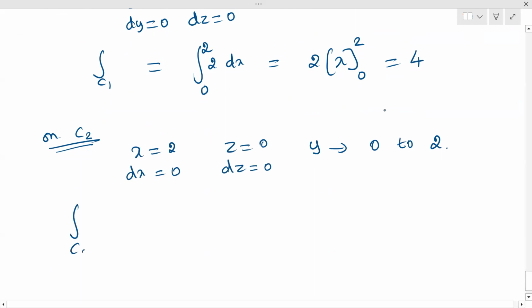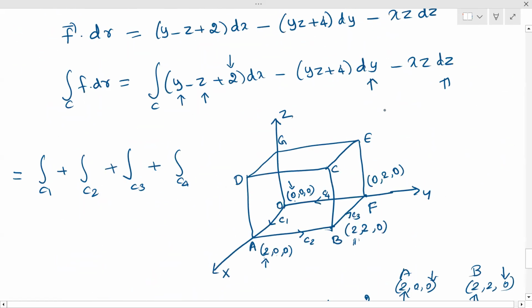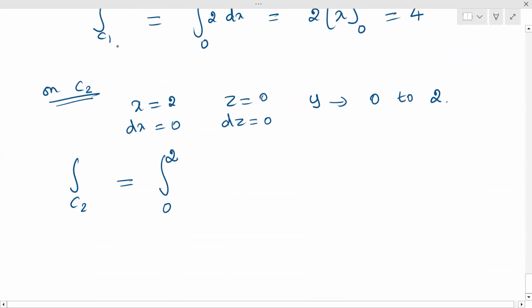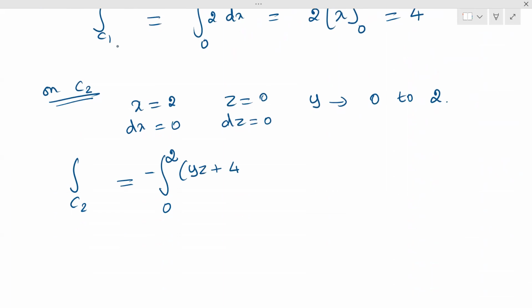So the integral over C2 has y varying from 0 to 2. Since dx and dz are 0, we are having only the middle term, minus (yz plus 4) dy.